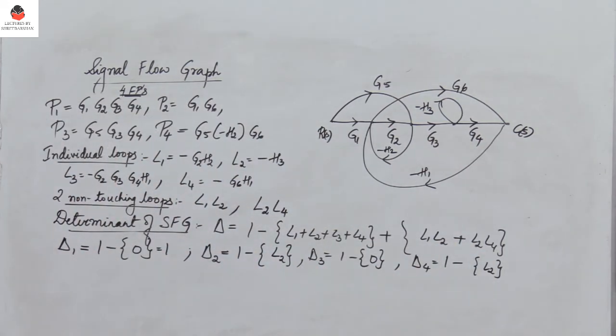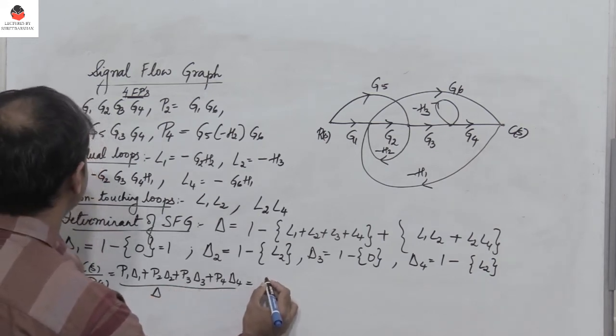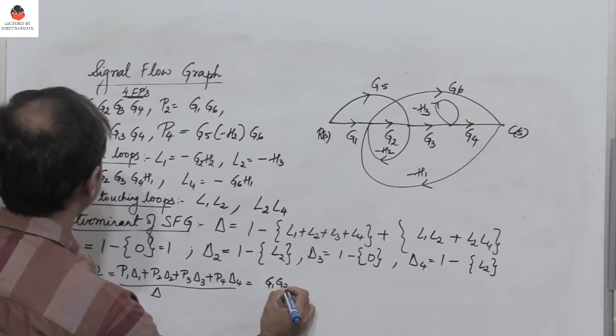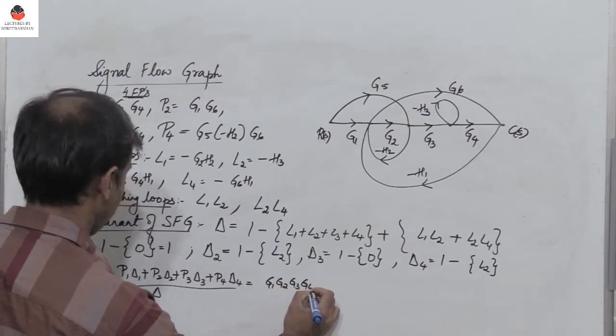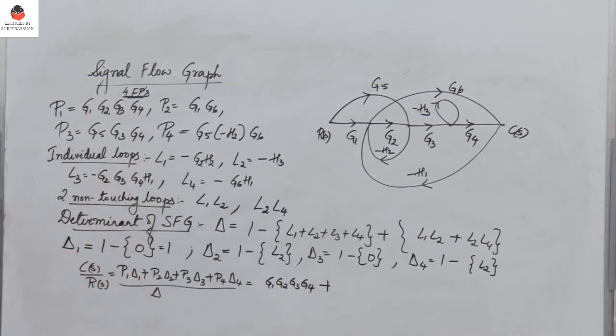Alright. So now what is the overall transfer function C of S by R of S? I have P1 into delta 1, which is G1, G2, G3, G4 into delta 1, which is 1. Plus P2 into delta 2.